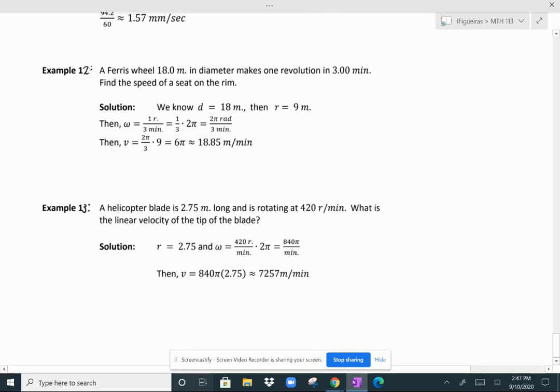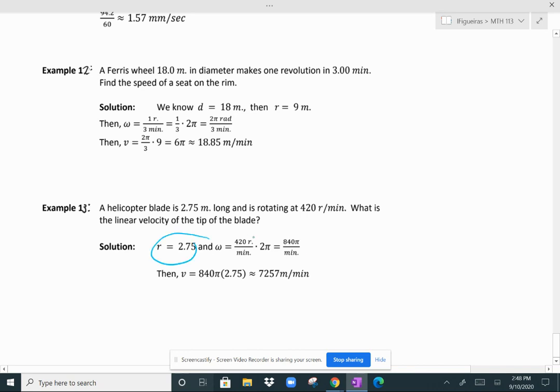Okay, here's one more. A helicopter blade is 2.75 meters long and it's rotating 420 revolutions per minute. What's the linear velocity of the tip of the blade? So again, it's something that's moving in a circular motion, meaning the blade of the helicopter, and we want to know how fast the tip of a blade is moving. So we're looking for our linear velocity. Your radius is given. The blade is 2.75 meters long.